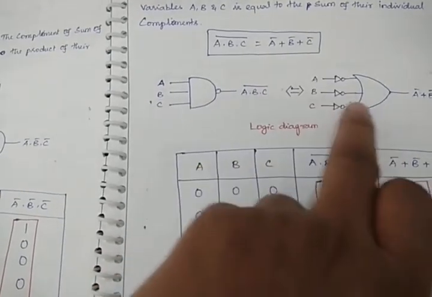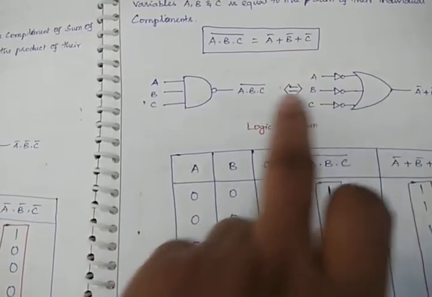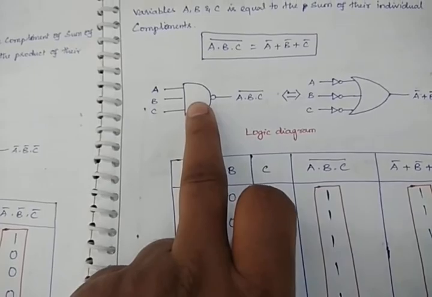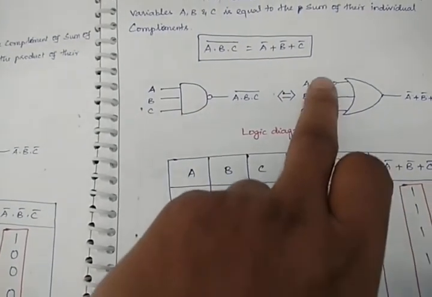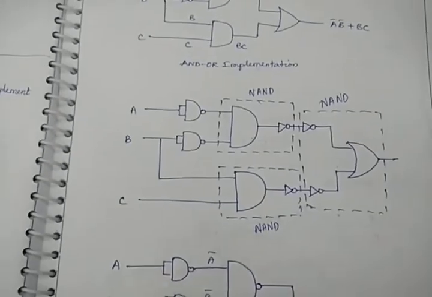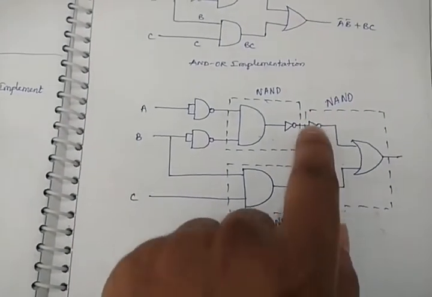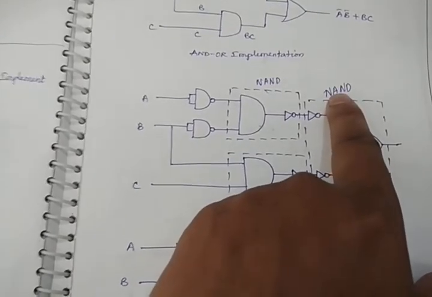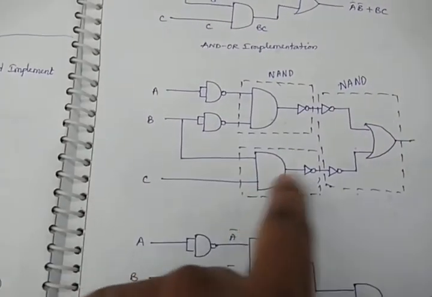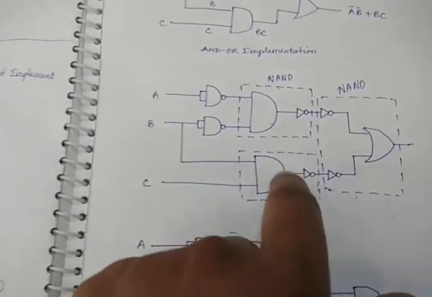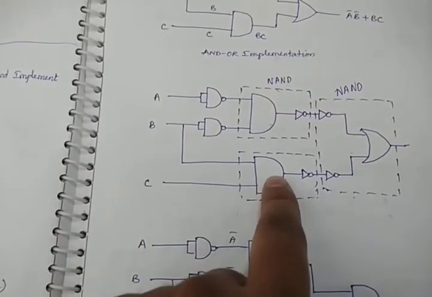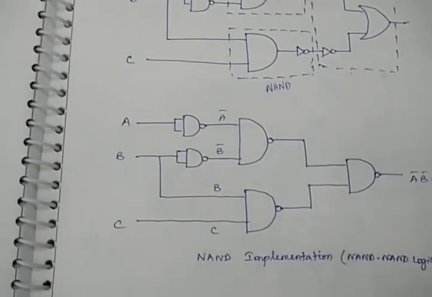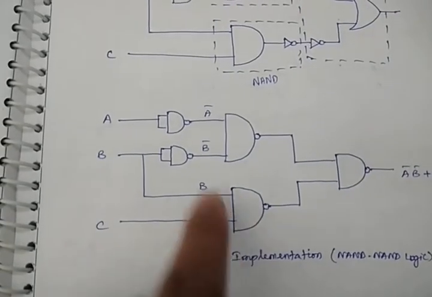NOT gate plus OR gate is equal to a NAND gate. Here, with three variables there would be three NOT gates, but here only two variables, so two NOT gates. Two NOT gates and one OR gate is a NAND gate. So just replace these three gates with a NAND gate. Then I got this structure.